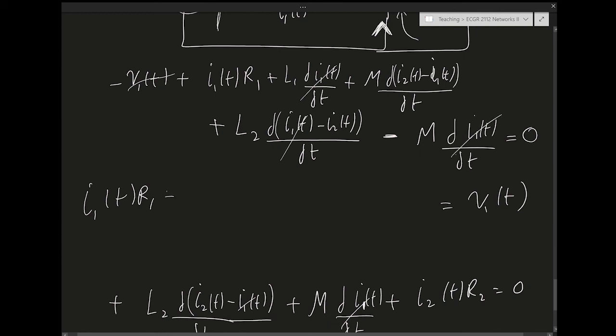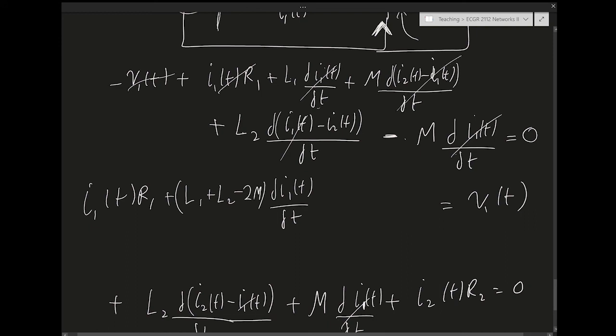So I have plus L1 plus L2 minus M, di1(t)/dt. So I have di1/dt, I have L1, I have L2, I have minus M, and I have another minus M. So this is minus 2M.